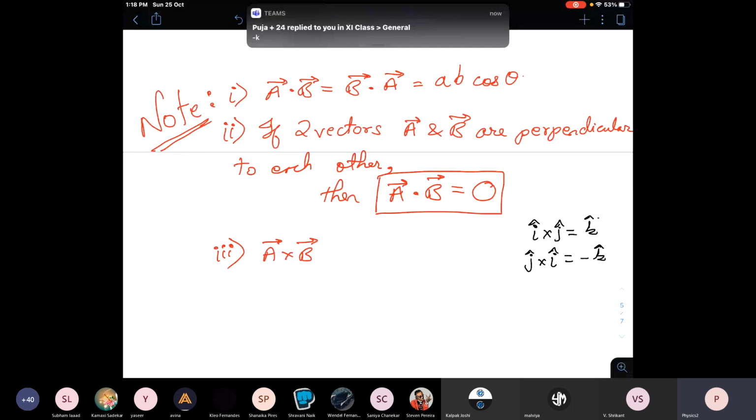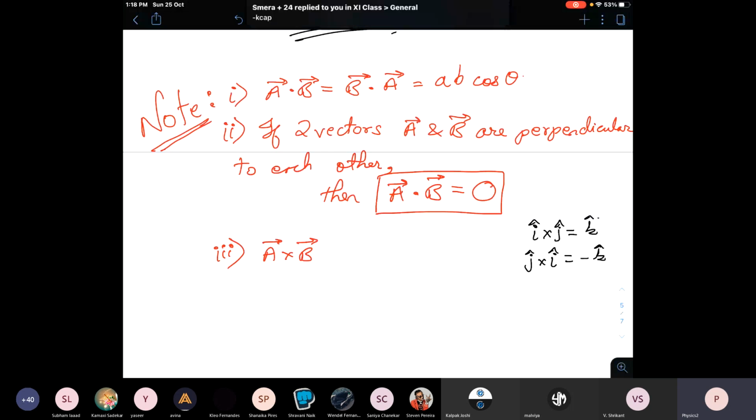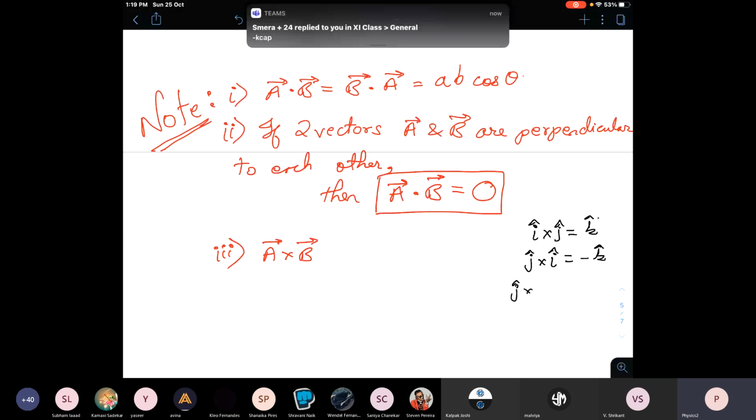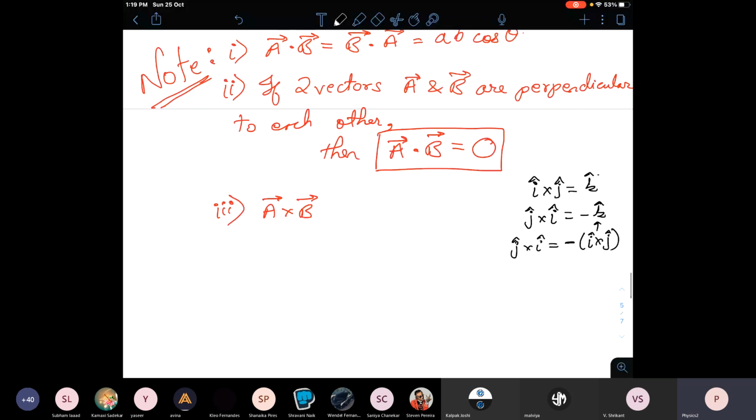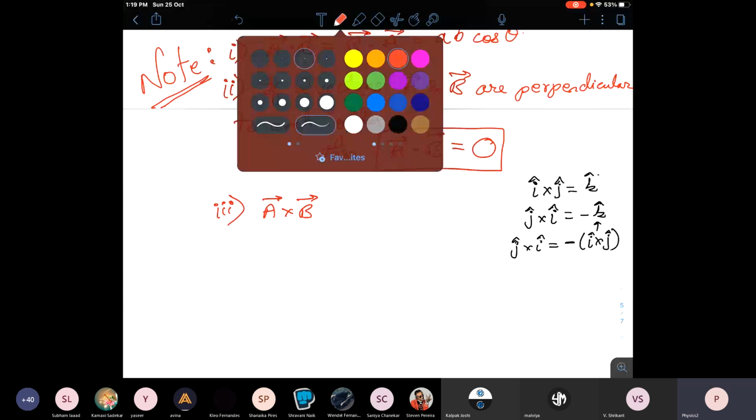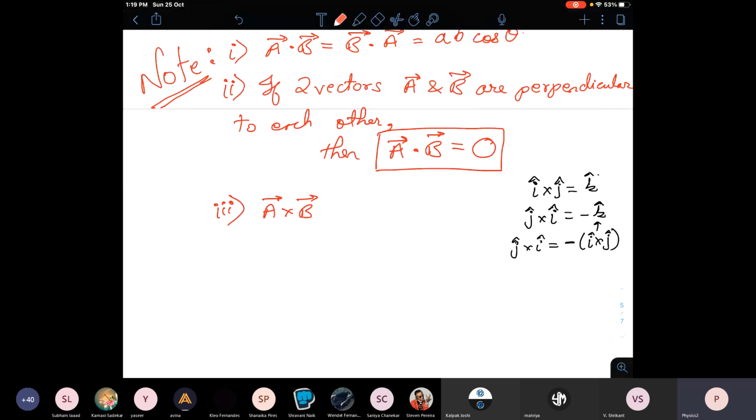Good. So basically what we are seeing here is that j cap cross I cap can be written as minus of I cap cross j cap. I cap cross j cap is k cap, so this will become minus k cap. So the next note is that if A cross B is written somewhere, you can write it as negative of B cross A, or vice versa.